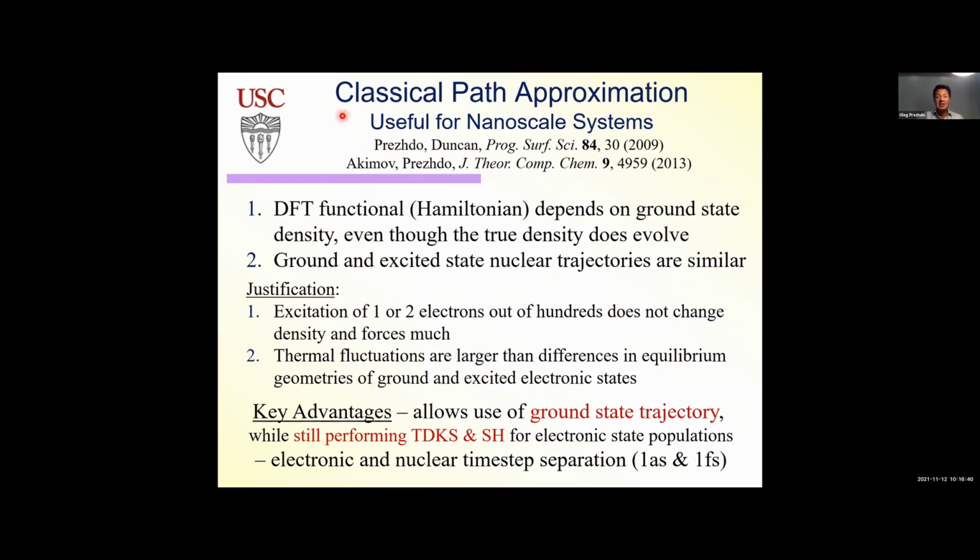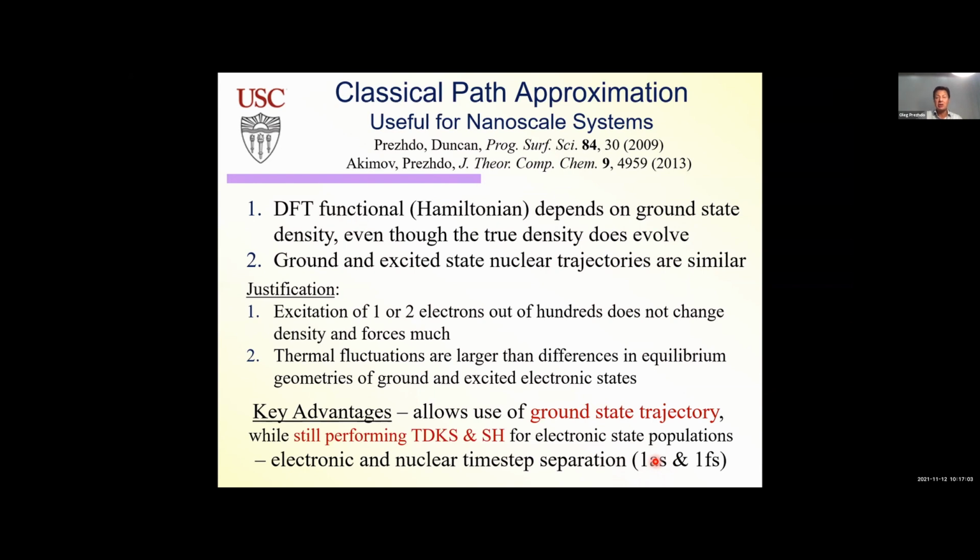We make this classical path approximation, which has two steps. One step, we assume that the DFT functional that is used to evolve the density depends on the ground state density only. Because in normal real-time TDDFT, you update your density every electronic time step, which is attosecond time scale.